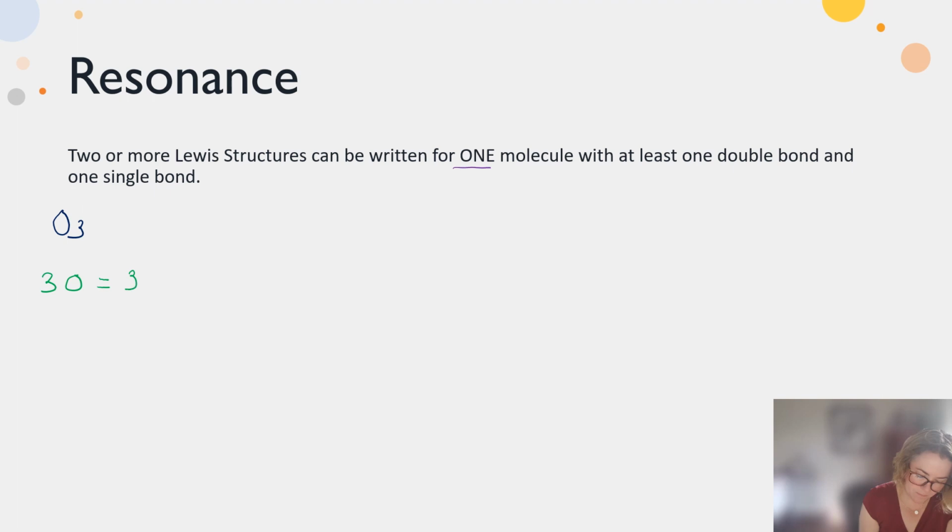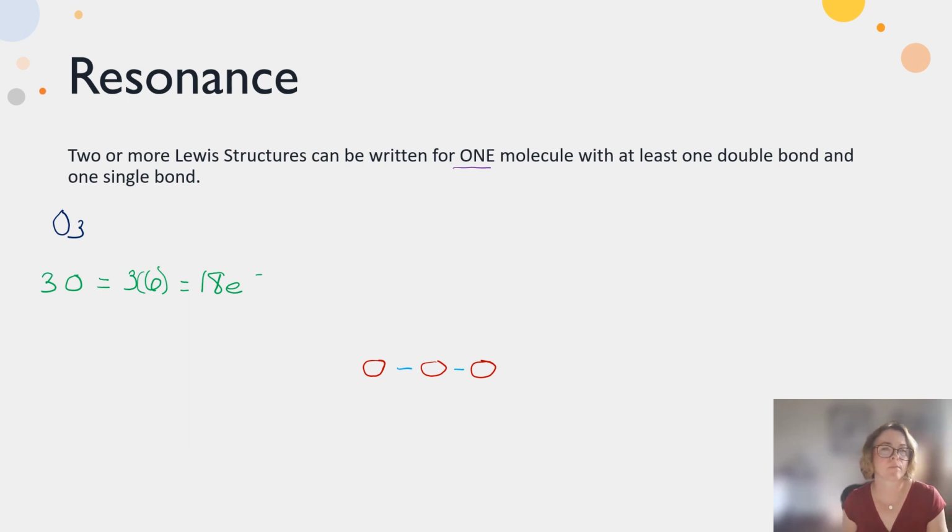Each of them has 6 electrons. And so inside of this structure, I'm going to have 18 electrons. The only way that I can connect all of these oxygens to each other is to put 1 oxygen in the middle and then I have 2 on either side. And I'm going to connect them to each other with a line.